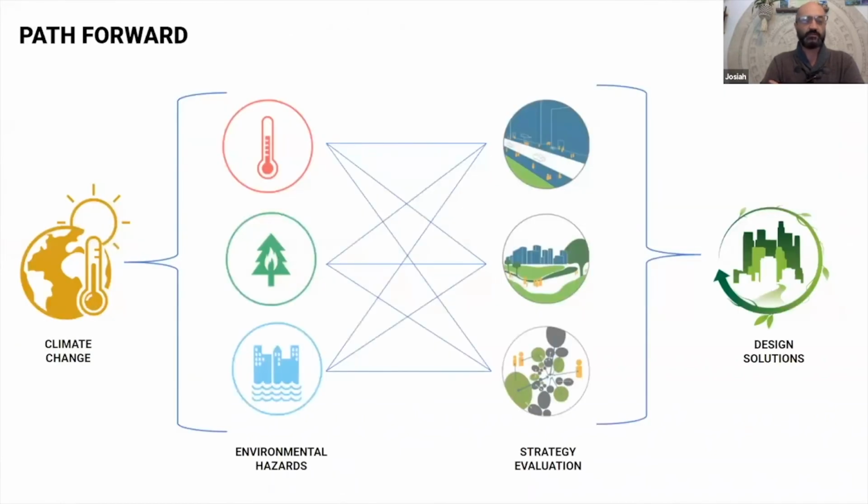We've basically taken climate change inputs, captured those into specific risks in the environment, and used computational fluid dynamic modeling to evaluate strategies and understand approaches, materiality, vegetation, geometry, and design form, and inform a design process to generate solutions that are climate resilient.